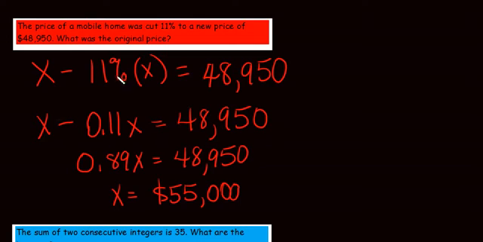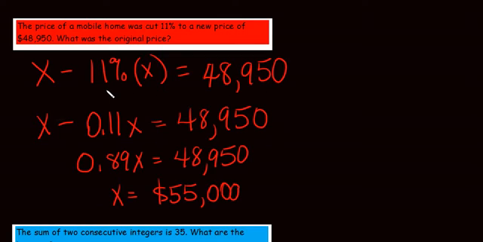That's why I got my 11% times whatever this original price was. And it was cut, meaning it's less than the original price. So here's my original price. Now it's less 11% of what that original price was. And I know it is what the final cost is now, which is $48,950.